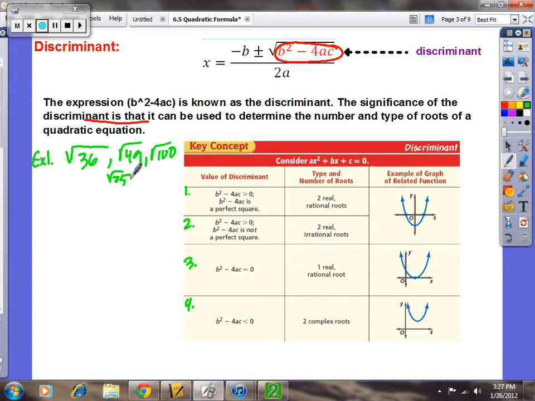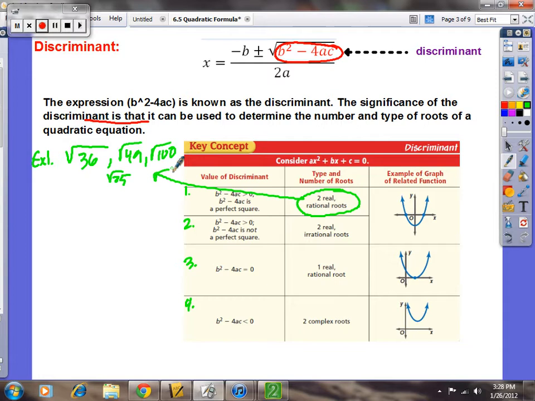Under the square root, those are all positive, but also those are perfect squares. If you do the square root of 36, it's going to give you 6, and so on. So under your square root, if it is a sweet number that happens to be positive and a perfect square, then in the number and type of roots column, you're going to have two real rational roots.